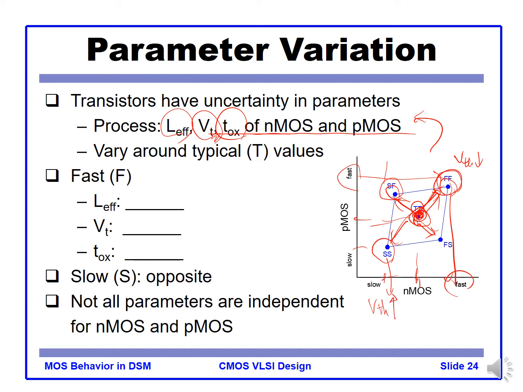What happens if the NMOS is slow and PMOS is fast? Or what happens if NMOS is fast and PMOS is slow? All those 5 corners, we have 5 cases, right? Those 5 corners must be guaranteed. The function must be checked under those 5 corner cases.